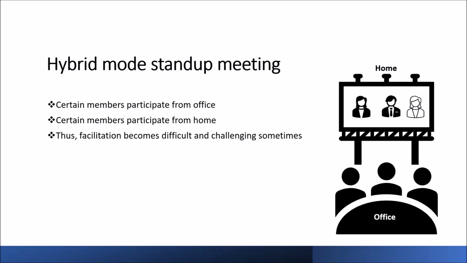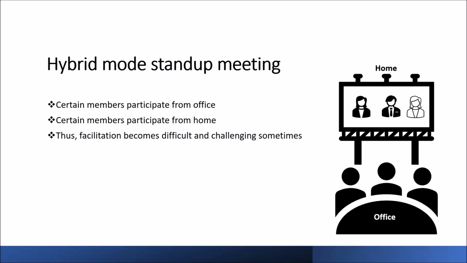Okay, now let us understand what a hybrid mode stand-up meeting is. Friends, in today's world, we are coming out of the pandemic, right? That means we are coming out of complete work from home to work from office for some days. So a hybrid mode is happening as a mandatory option for all of us.